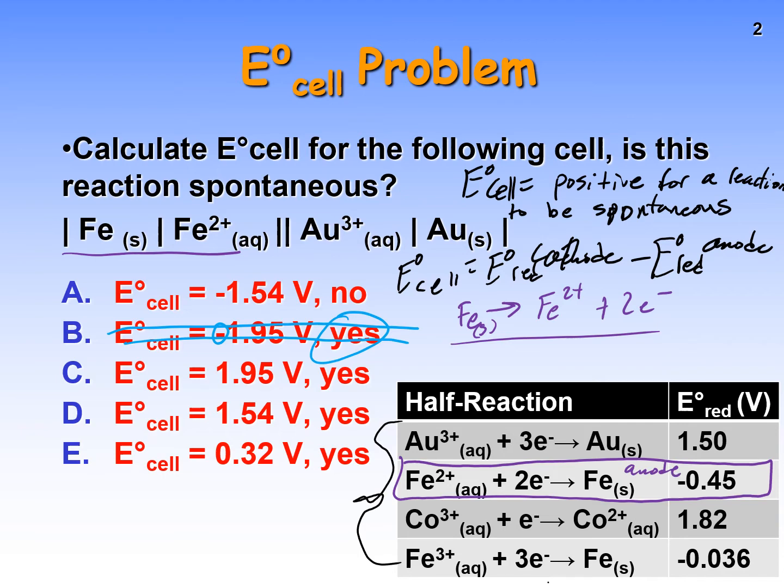At the same time, I know I have gold 3+ going to gold solid as my cathode. So I have gold 3+ plus 3 electrons goes to gold solid, which means this is my cathode.